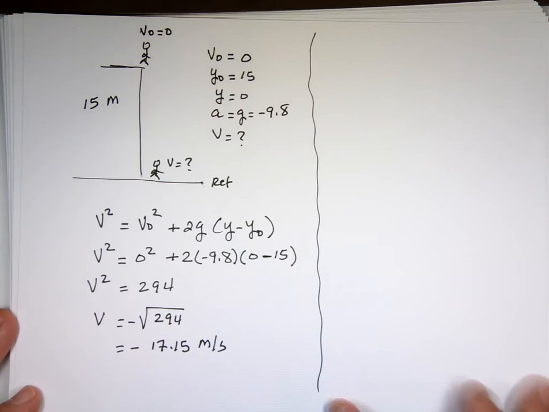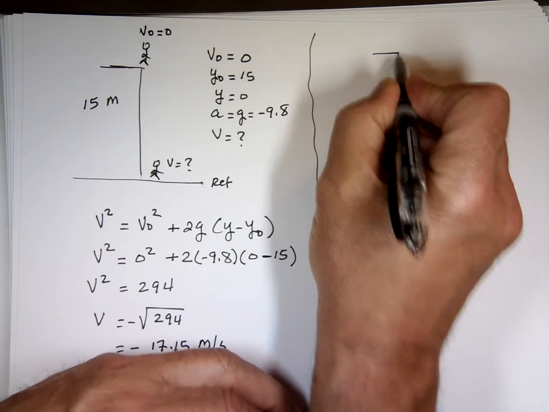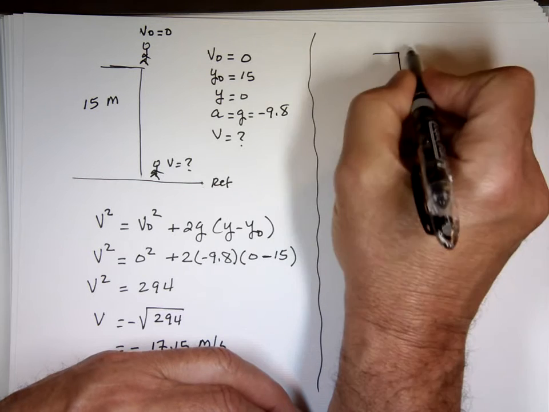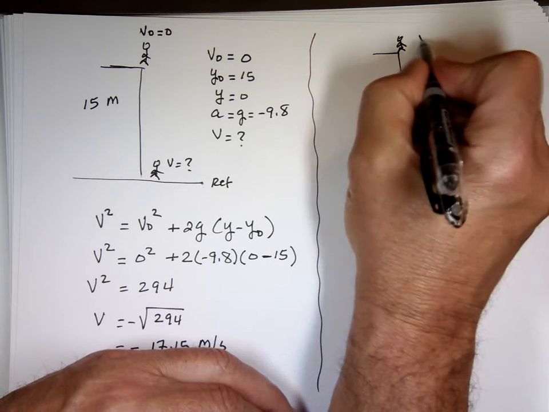Now, I'm going to do this problem. I just want to show you the answer is not going to change using conservation of energy because I neglected friction. Friction is a non-conservative force. The only thing acting on this is gravity, and we say gravity is a conservative force. That means if I take the potential and the kinetic here on the top, we know the initial speed is what? 0.